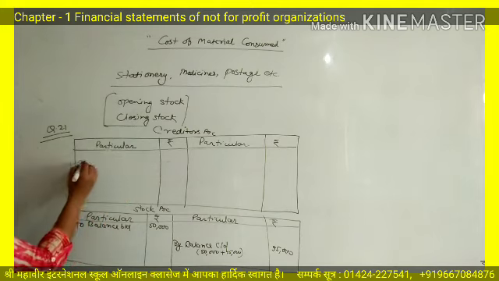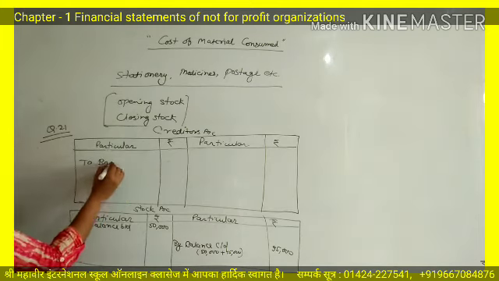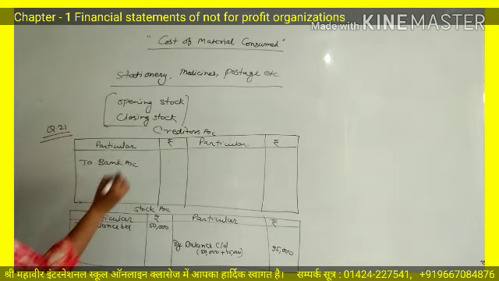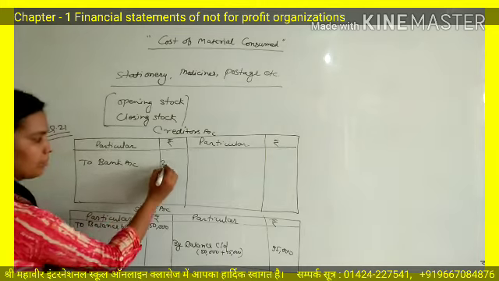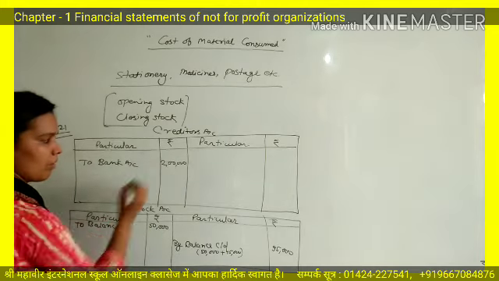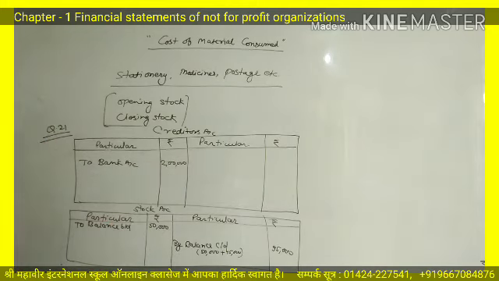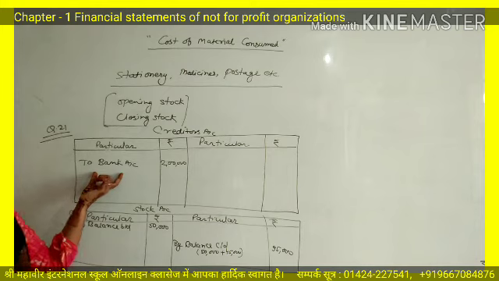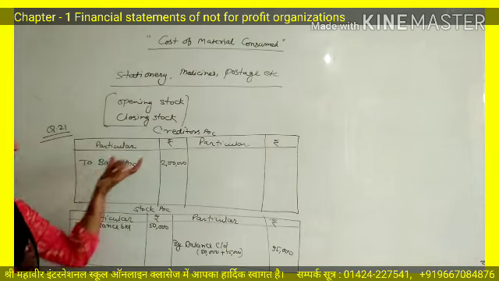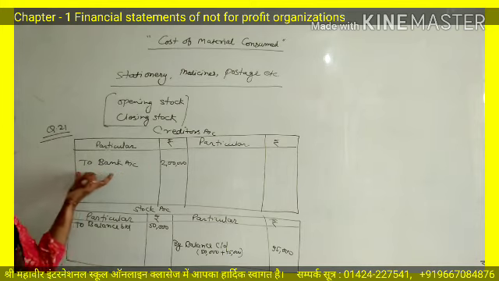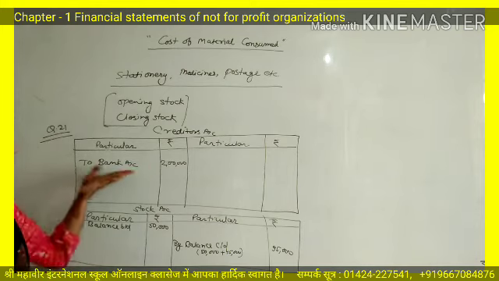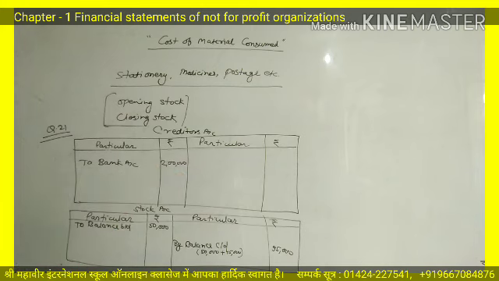So this will be written as to bank account, and the amount of medicine is 2 lakh rupees. Whenever you are paying your creditors, the entry will be creditors account debit to bank account. So the posting in creditors account is to bank account 2 lakh rupees.